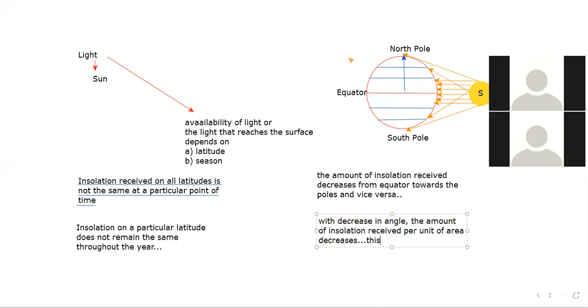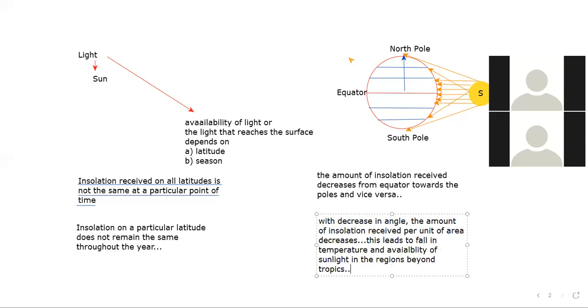So this leads to a fall in temperature and availability of sunlight in the regions beyond the tropics.